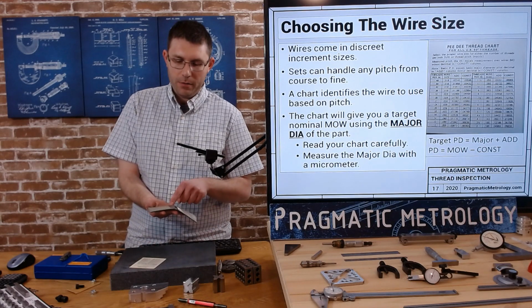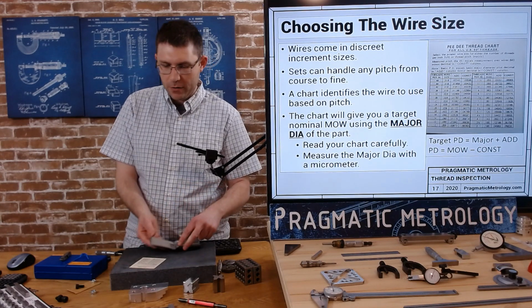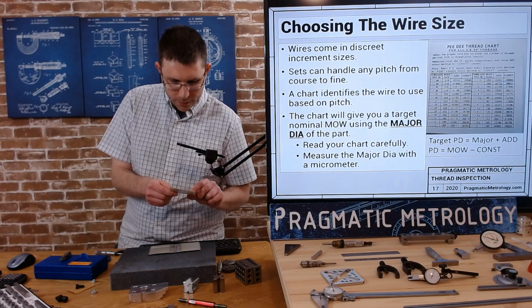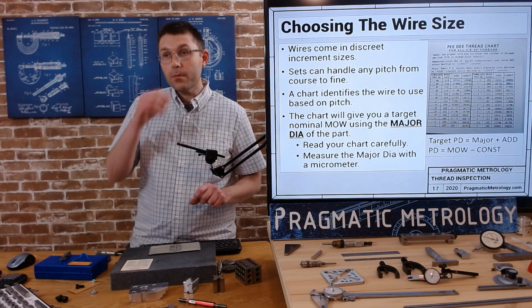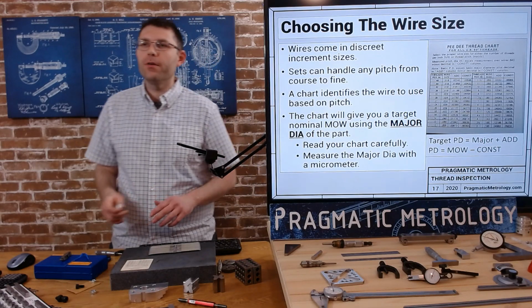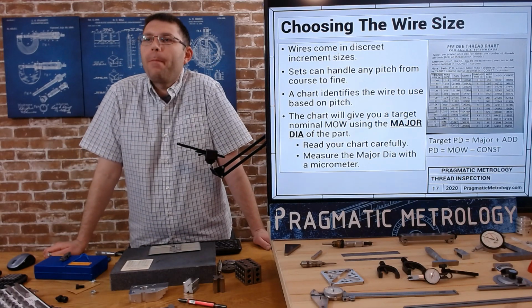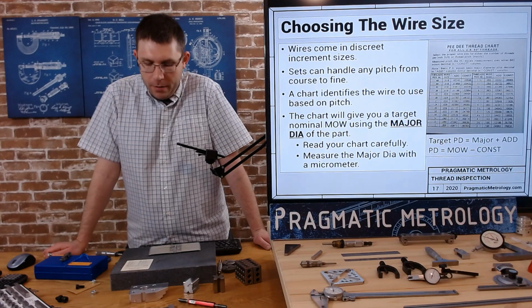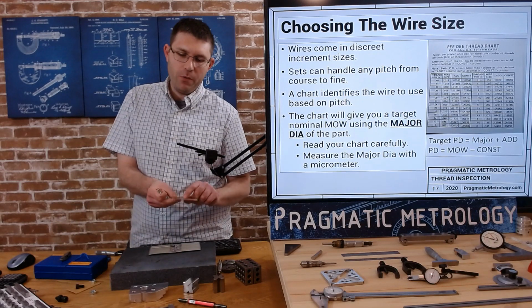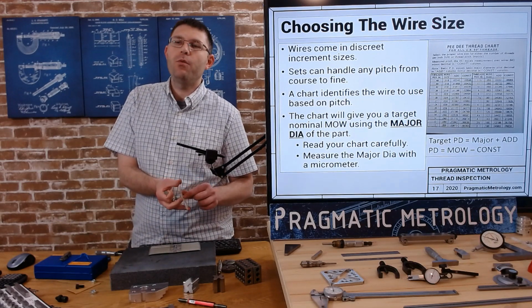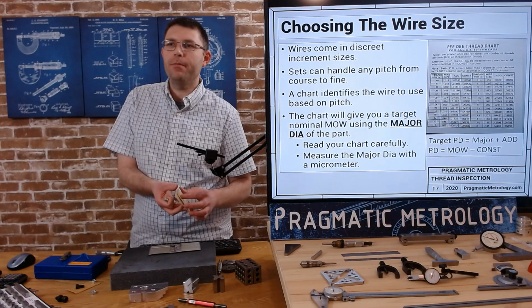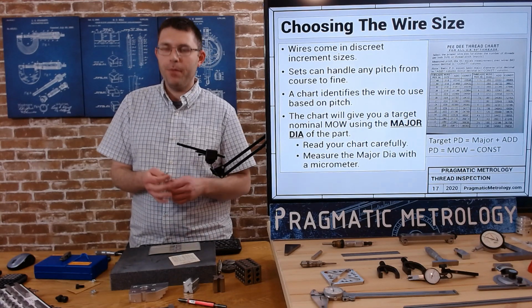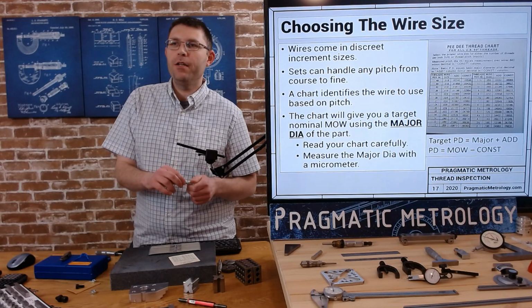Each one of these, for example, we're going to use the 40 thousandths wires, and the 40 thousandths wires works on the 16 and the 14 pitch. So some of these are overlapping use. And just keep in mind the chart, sometimes it works off of the major diameter, and that's one thing that sometimes trips people up because they're not used to working with the major diameter, but sometimes the formula involves using the major diameter.